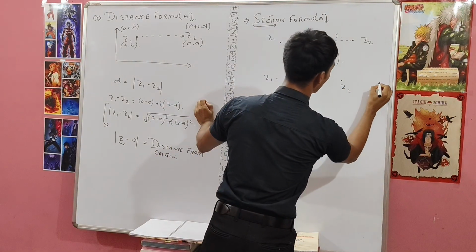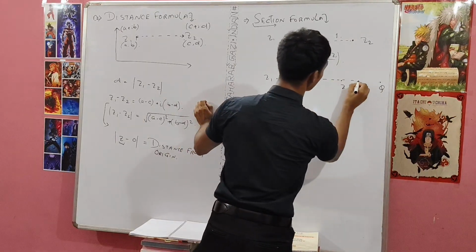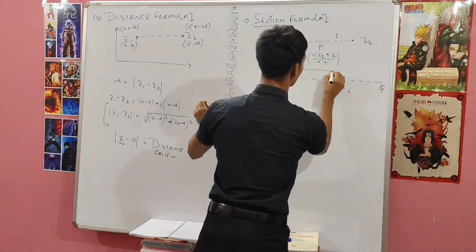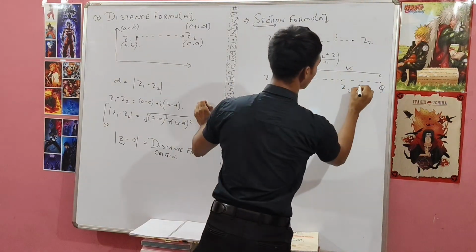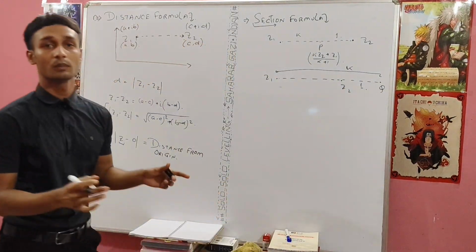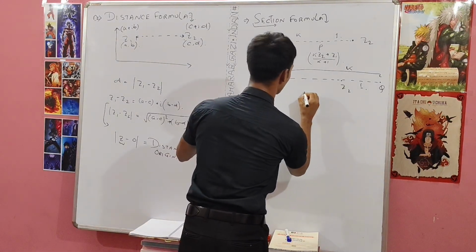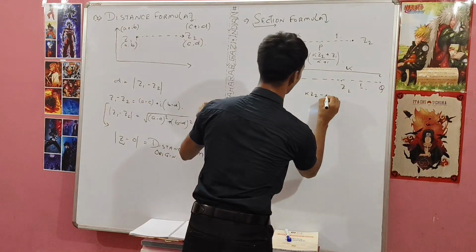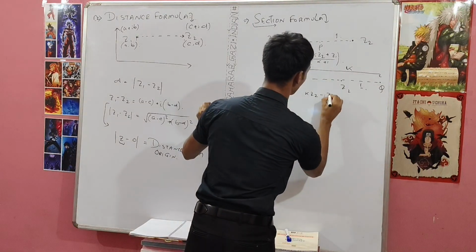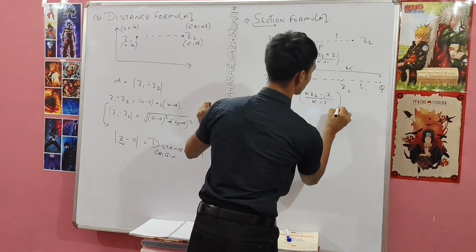z2 and Q is a point which divides these two externally in the ratio k:1, then what will be Q here? Q is nothing but (k z2 - z1)/(k - 1).